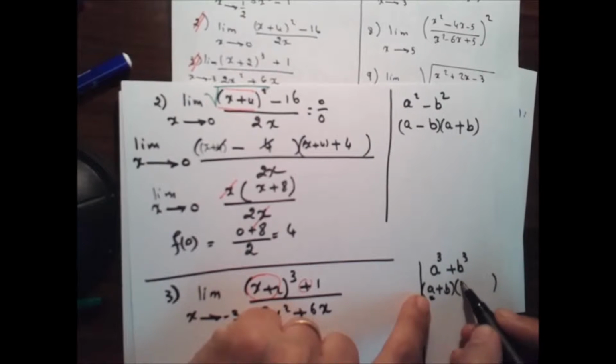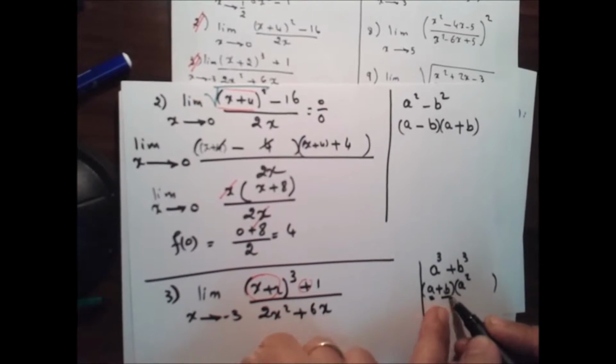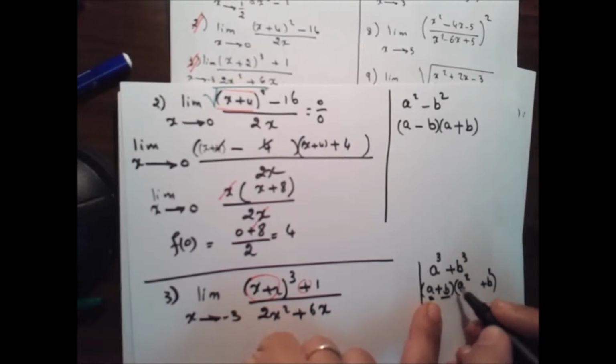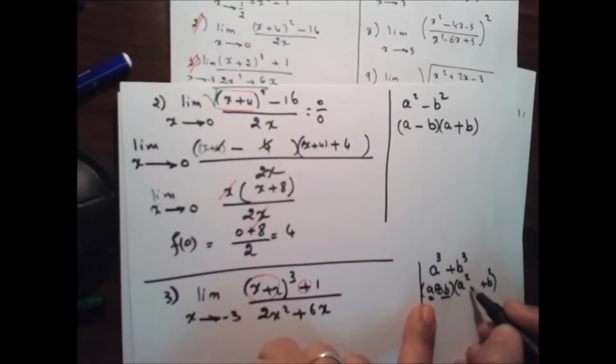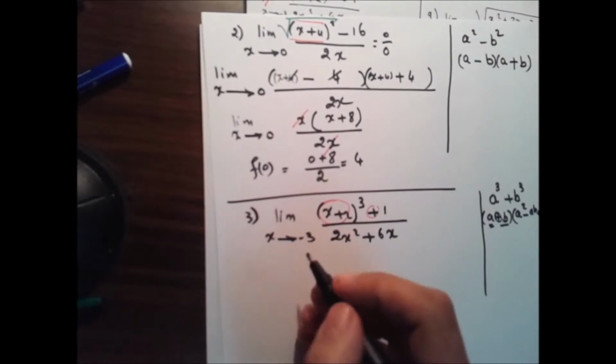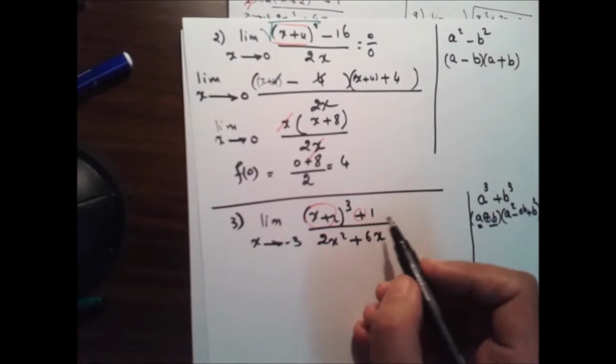Take the square of the first to be a squared, the square of the last, and it will be positive, so b squared. For the middle term, change the sign, it's positive, so change it into negative, and take the product of the first times the second, so a times b, but don't multiply by 2. Now back to our exercise.